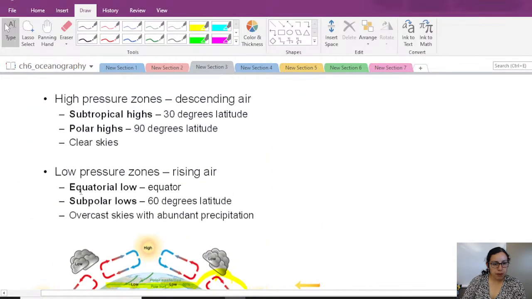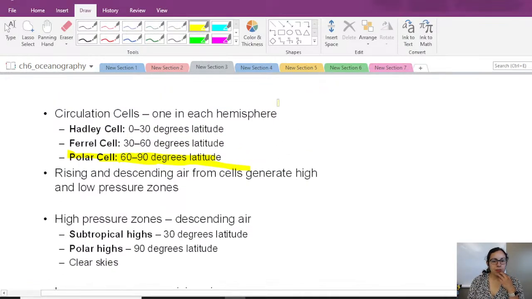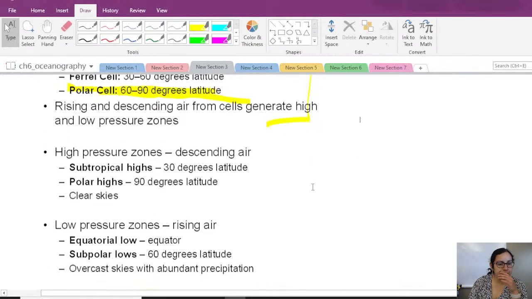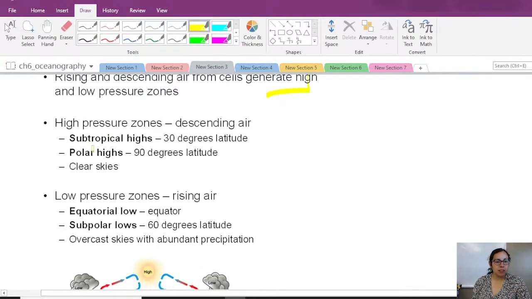All right, so that's pretty important. You probably want to know, again, we have 3 circulation cells. Might quiz you on the names or test you on that, just trying to put big ideas out there. And you guys can help me too, what you think is a big idea with these chapters.